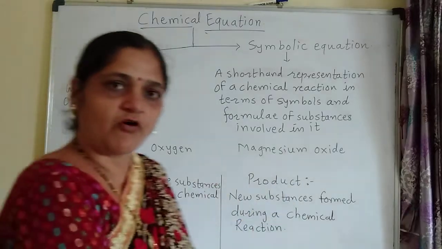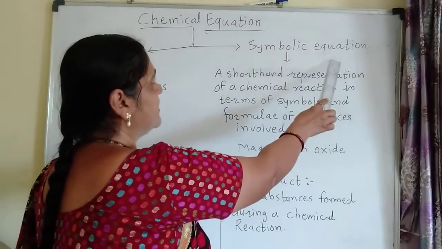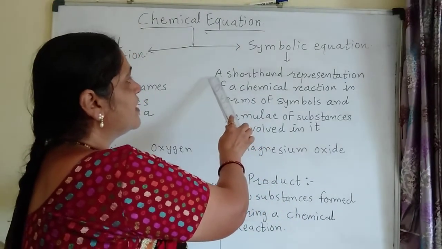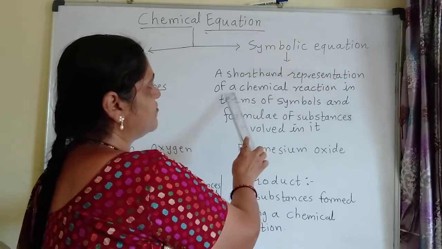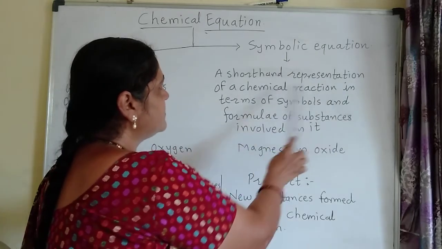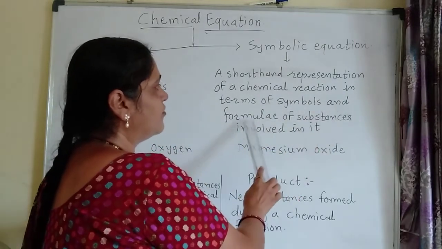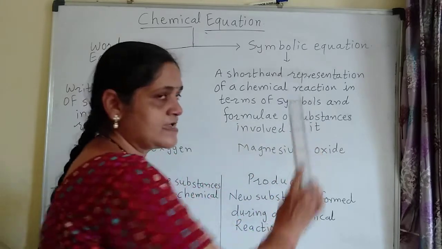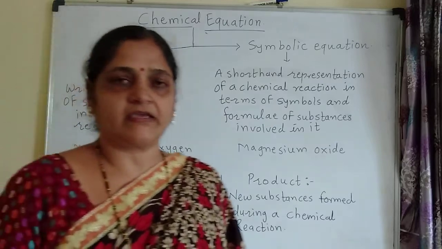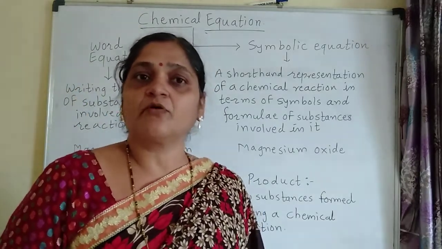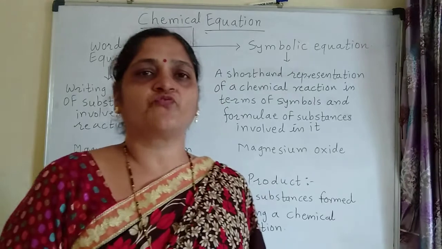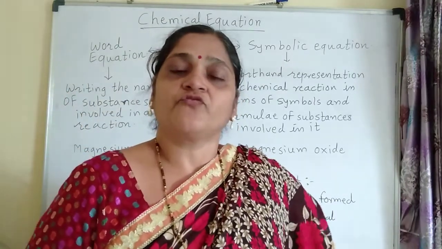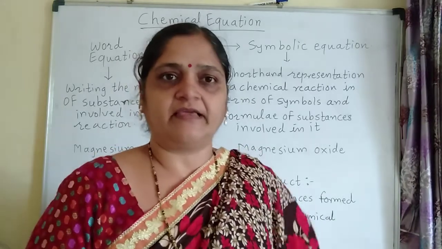The second form is the symbolic equation. In this symbolic equation, we have a shorthand representation of a chemical reaction in terms of symbols and formulae of the substances involved in it. This is a symbolic equation. Now this symbolic equation is the most widely used and most popular form of the chemical equation.